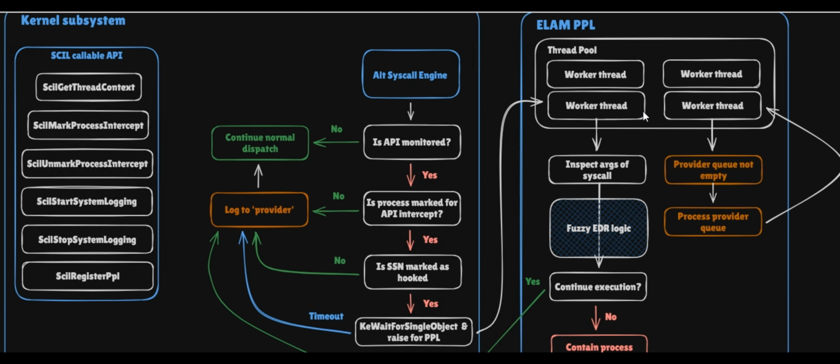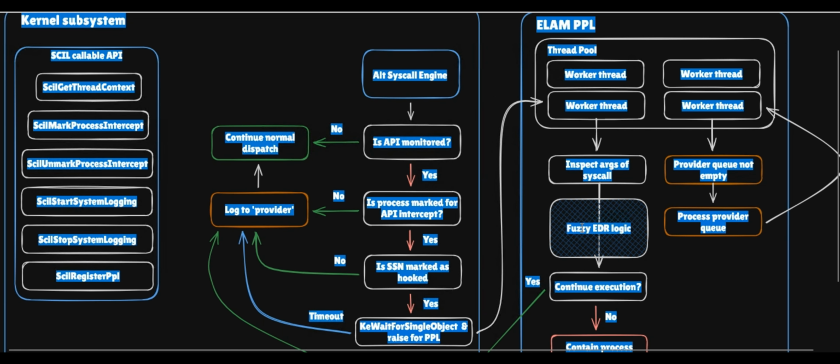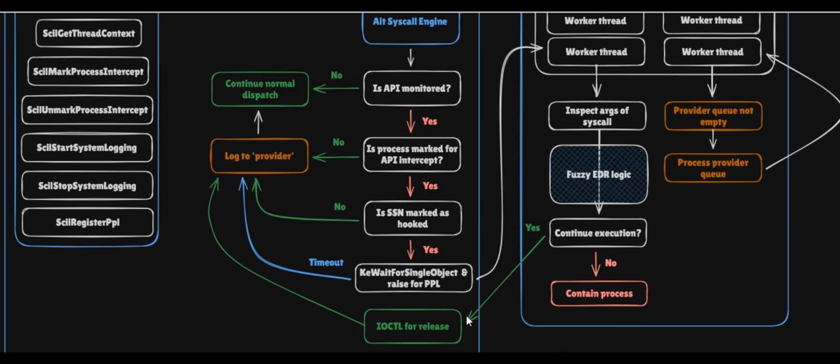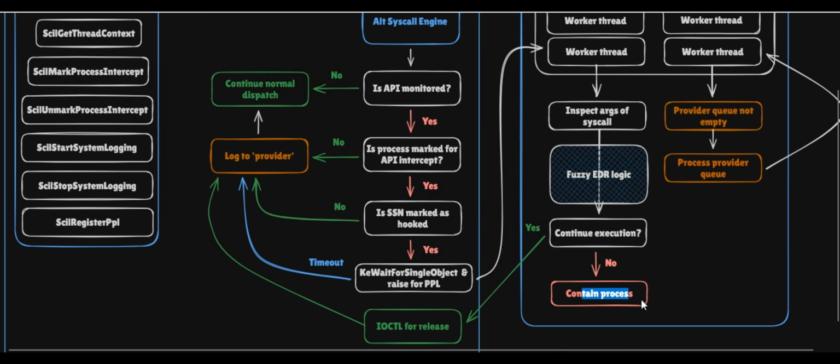If everything's okay in the fuzzy EDR logic section of this, then we can say, yep, you can continue execution. If the EDR goes, whoa, this is Metasploit, we can prevent the syscall from dispatching.